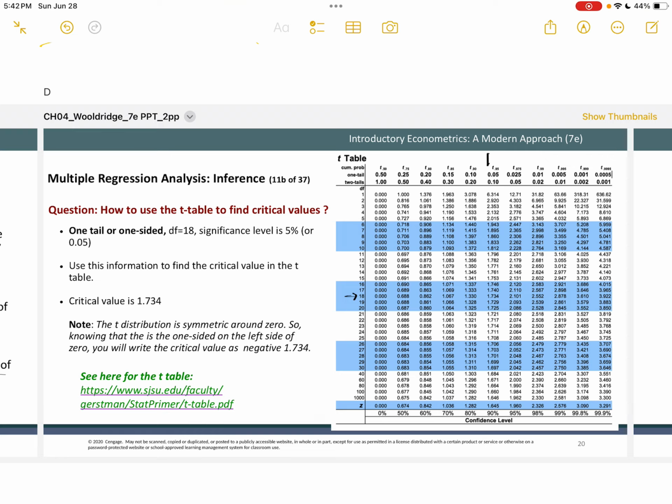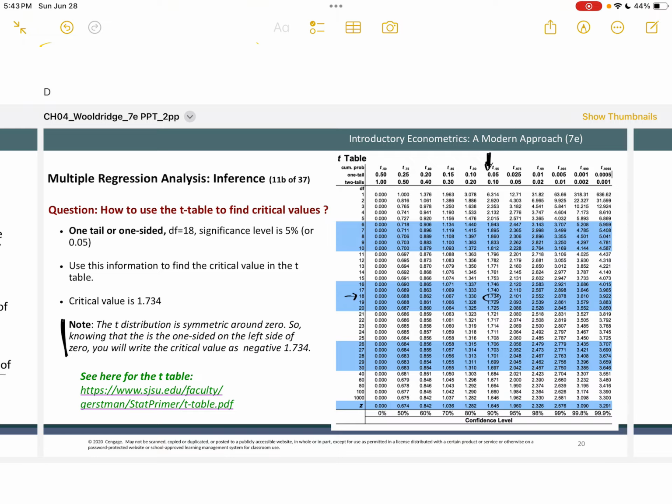With degrees of freedom 18, which is right here, and a significance level of 5%, which is this column, I see where they intersect, and that's my 1.734 critical value.